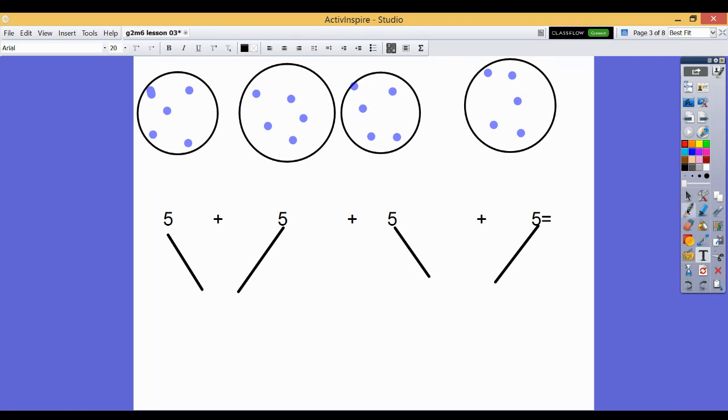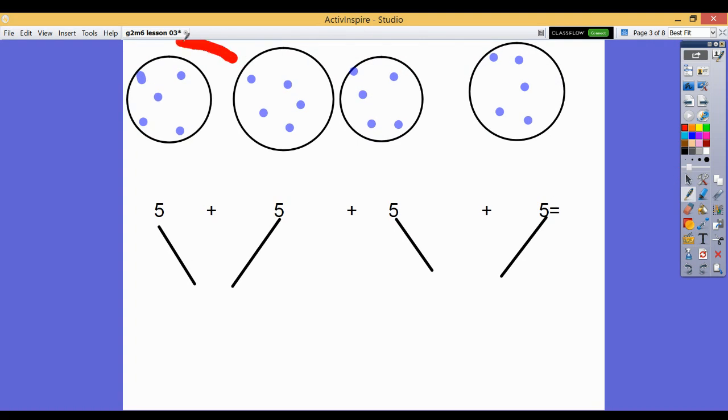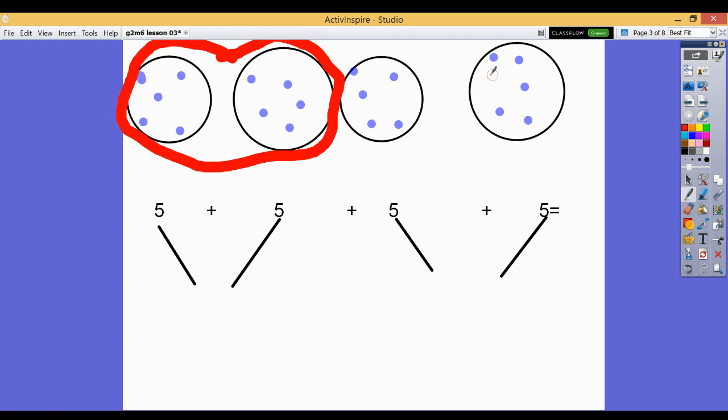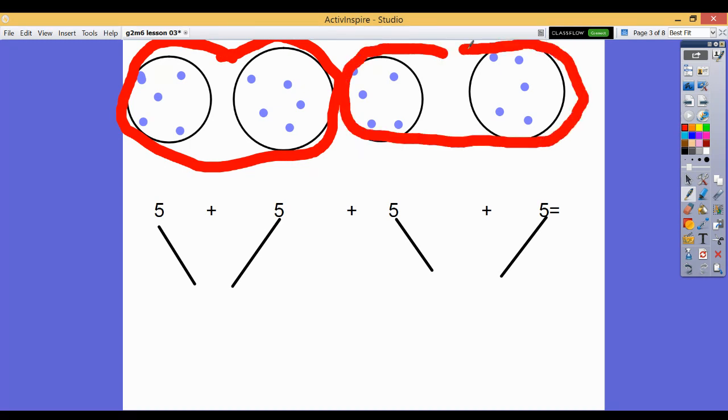So I will take my pen and I'm going to instead circle some groups of doubles. So now I have, instead of four groups of 5, I have two equal groups. Let's see how many are in each group.